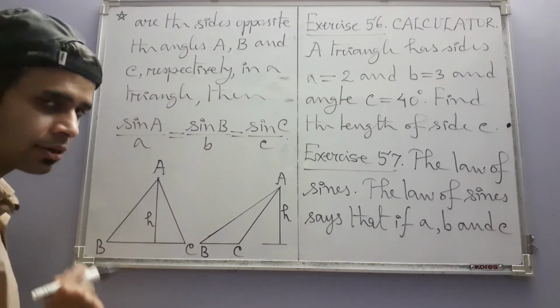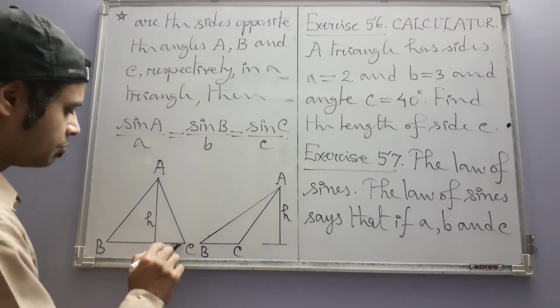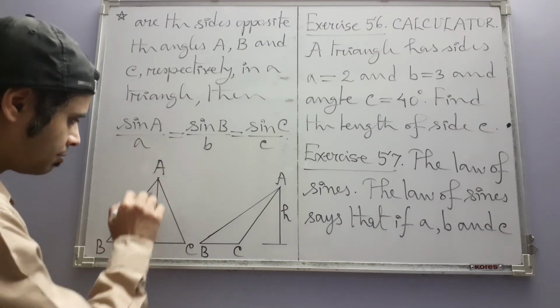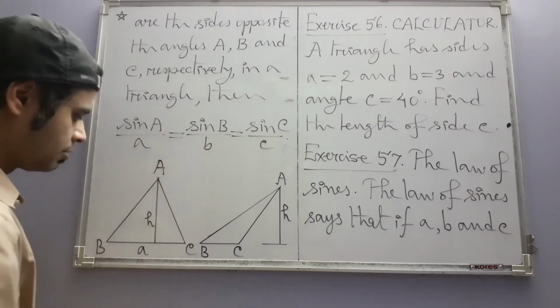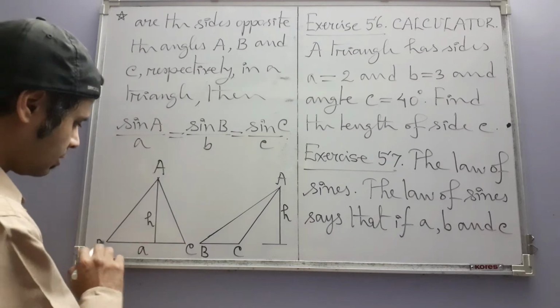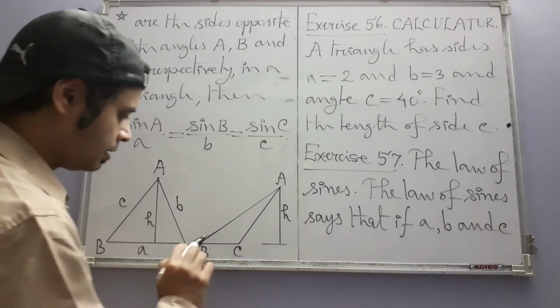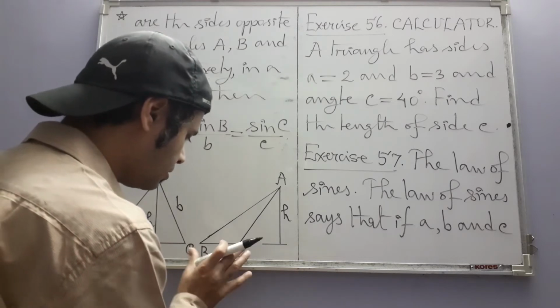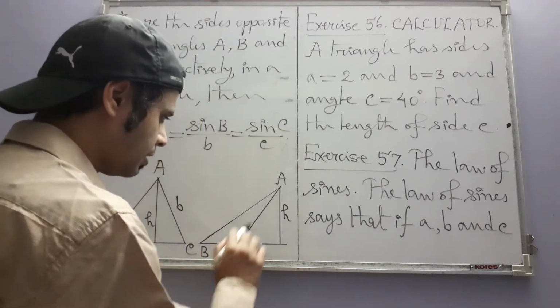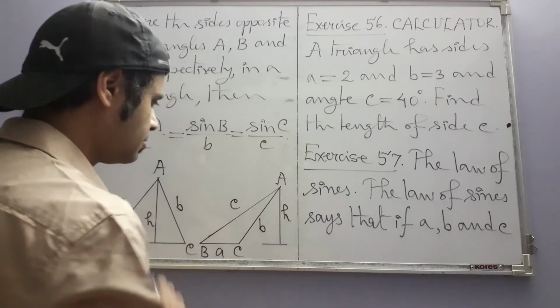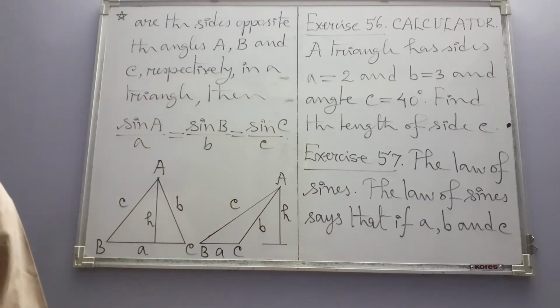Similarly, the sides are also named depending on which is opposite to which angle. For example, the side opposite to angle A has length a, the one opposite to B has length b, and this one has length c. Here also similarly, BC is a, AC is b, and AB is c. Now we continue.